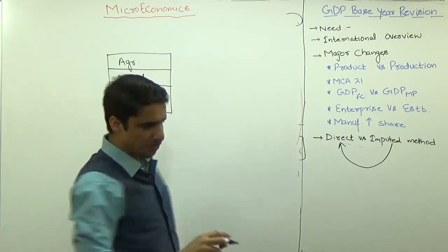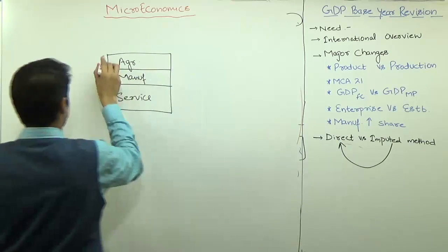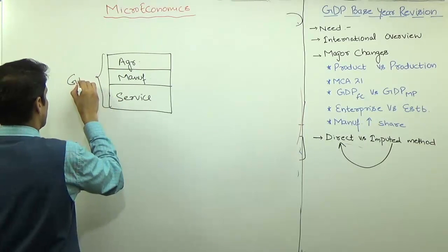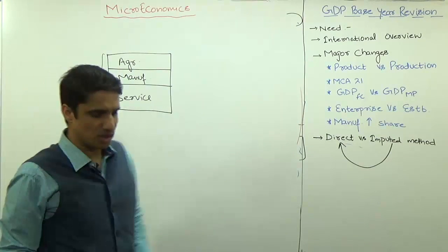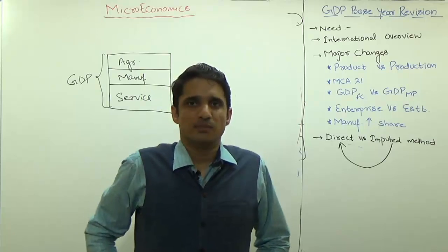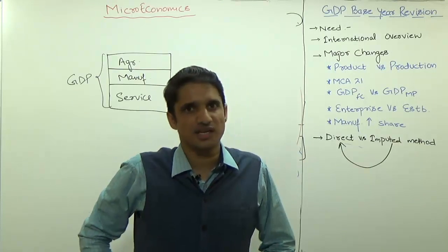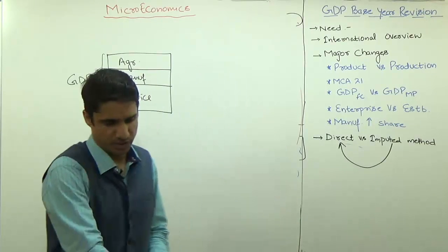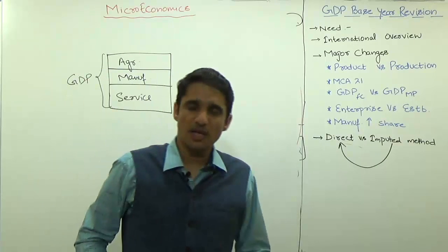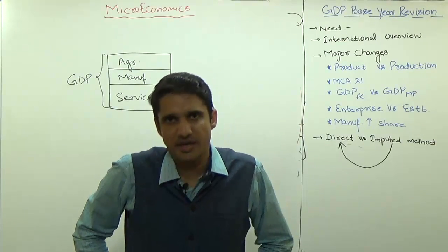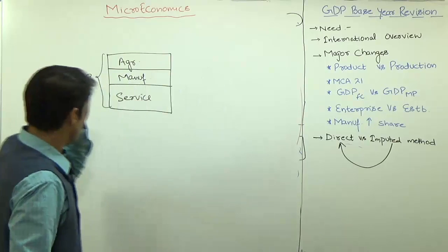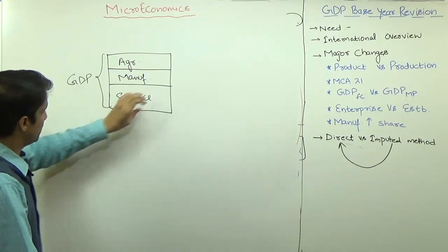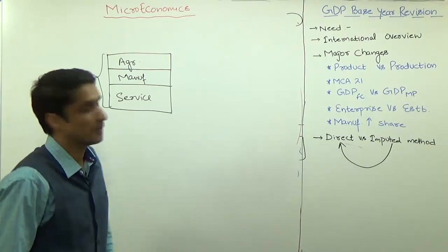Can you tell me the share of the agriculture sector in the GDP, the share of the manufacturing sector in the GDP, and the share of the service sector? Majority of us will say that agriculture is giving 14%. Agriculture means agriculture and allied activities, and we have manufacturing, or we can say the industrial sector, and then we have the service sector.